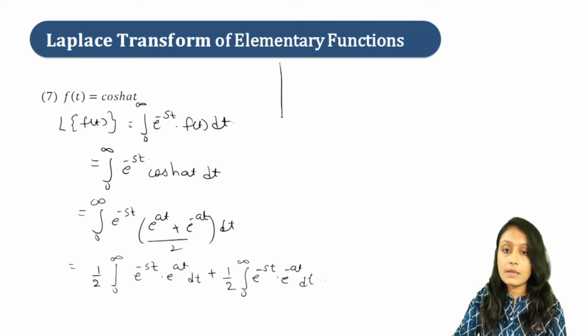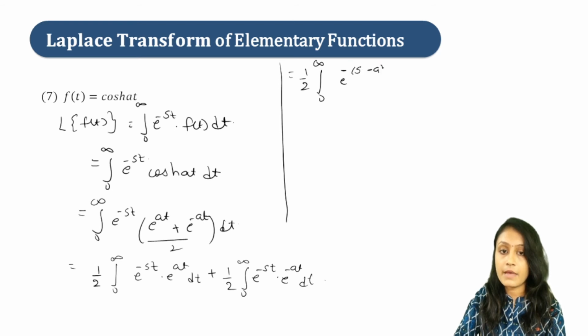And now this is similar to e raised to at, so we'll quickly solve this. E raised to, again take minus common, here we have s minus a, t dt, plus 1 by 2 integration 0 to infinite e raised to minus, here we have s plus a, t dt.